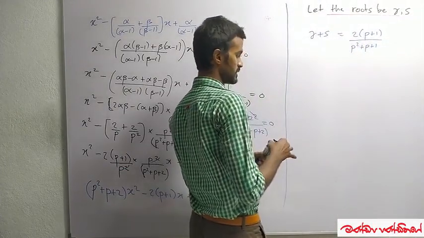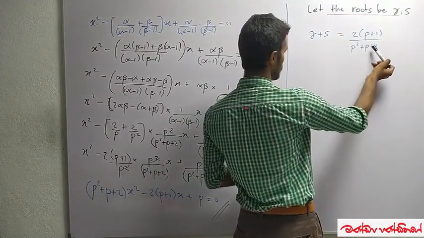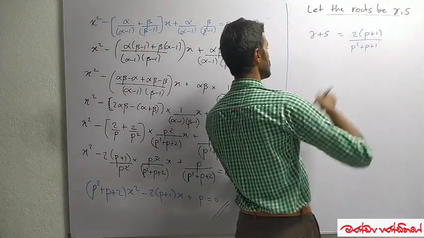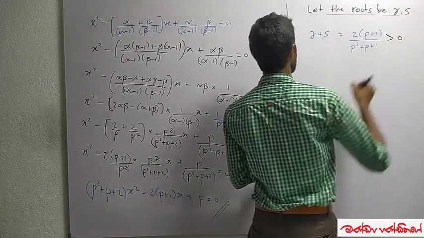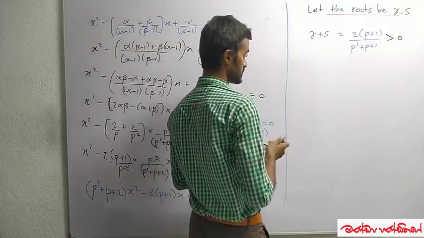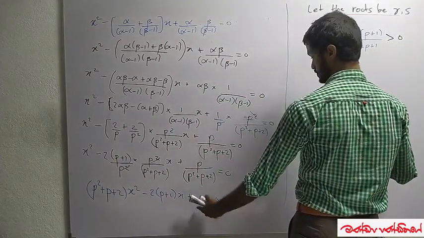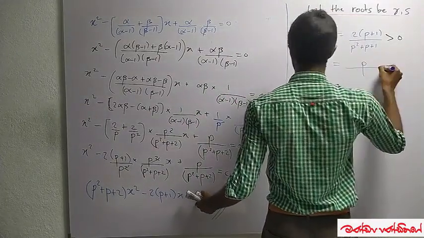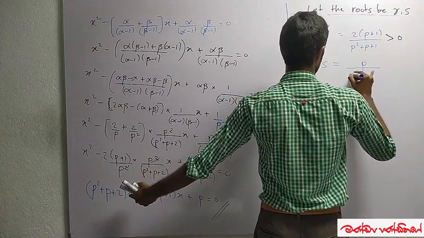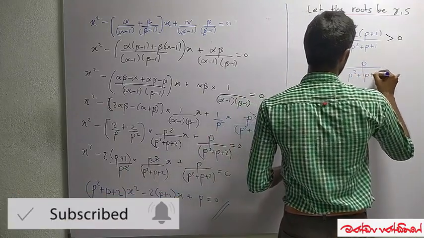And it is clear p is a positive number, which means this is a positive number over a positive number, which is positive. I get the addition is positive, and when I consider the multiplication, the multiplication is given by p over a. A here is p squared plus p plus 2.